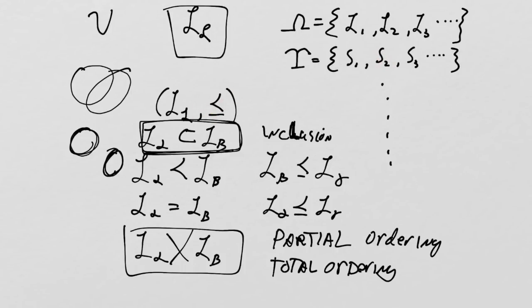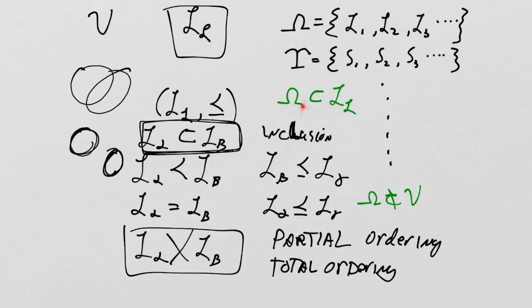And now notice what's also important to understand: omega is a subset of L sub L. Remember, I said before, omega is not a subset of V, because omega is a set of sets, each of which contains linearly independent elements. Well, L sub L is the set of all sets that contain linearly independent elements. So omega is a subset of L.